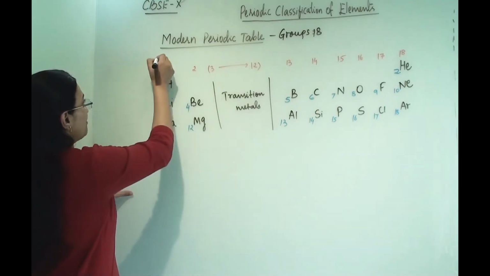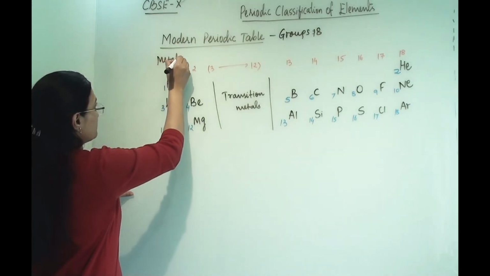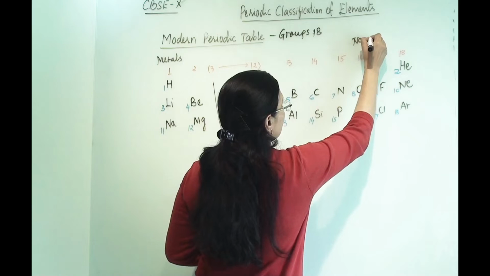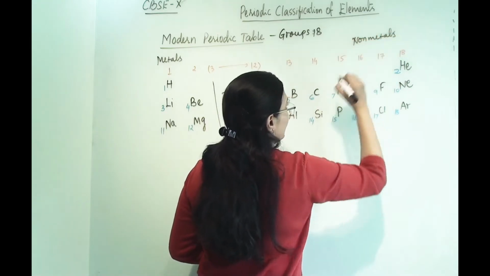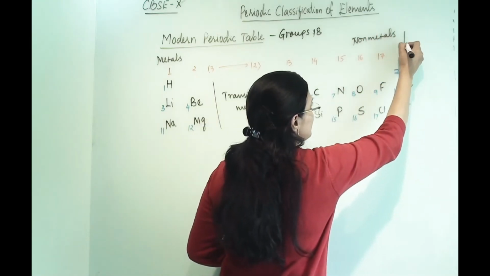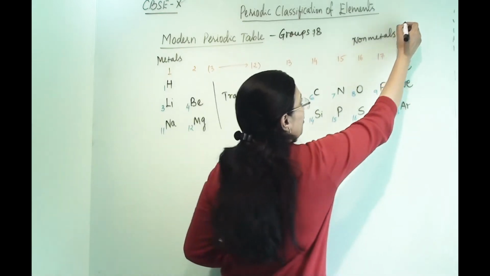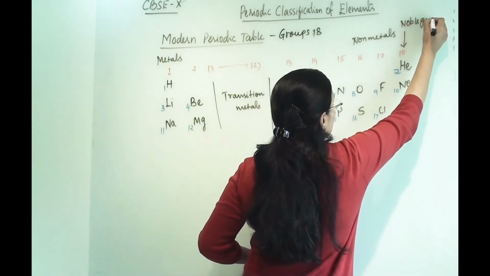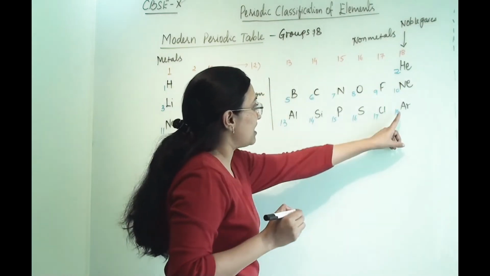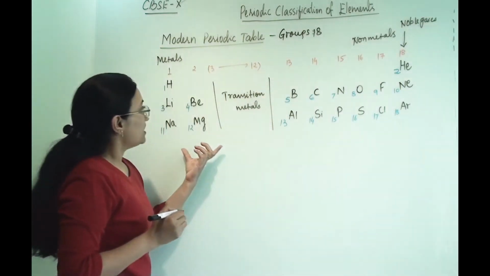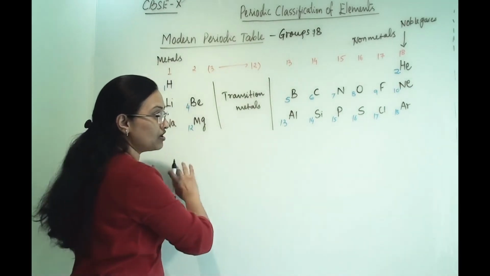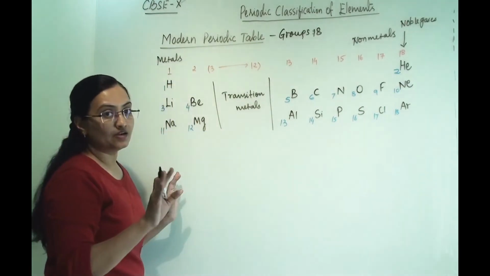All these are metals. Towards this side all are non-metals. And the last group is for noble gases. So all these are noble gases. When we go from left to right, the non-metallic character of the elements increases.